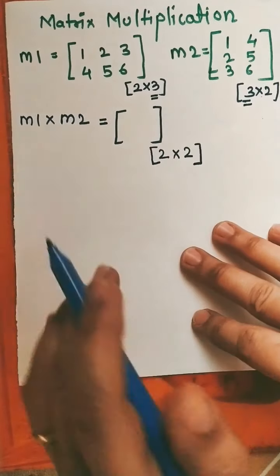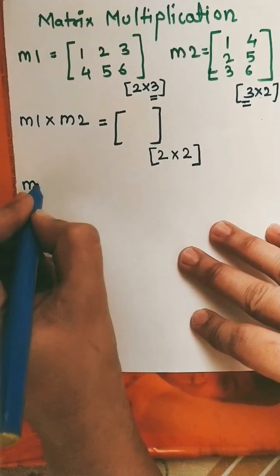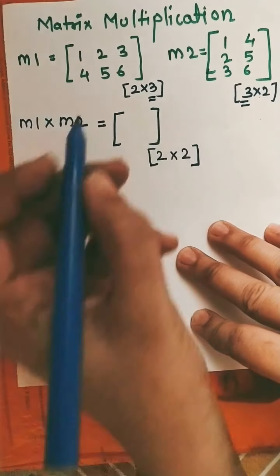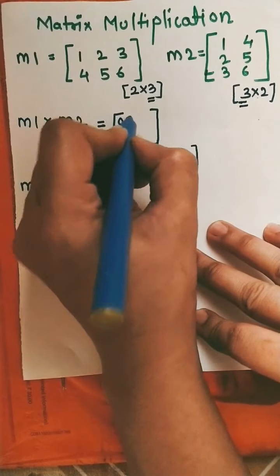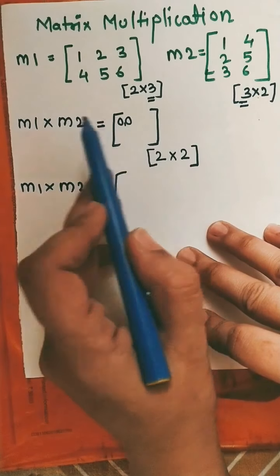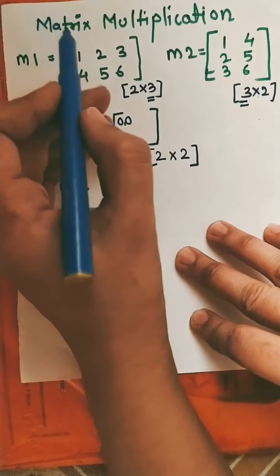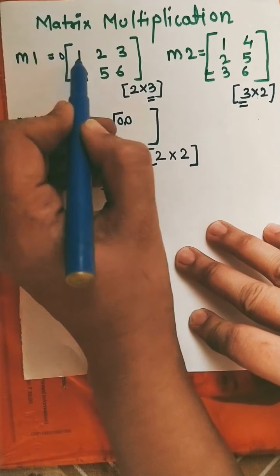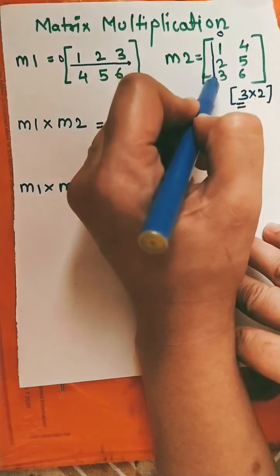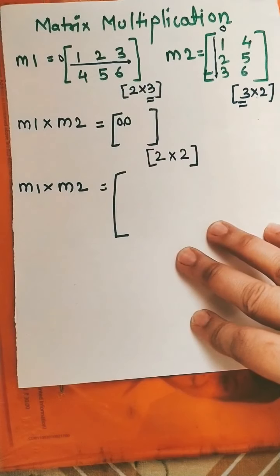Now what logic are we going to use for the multiplication? To get the value at the 0th row and 0th column of the resultant matrix, we have to take the 0th row of M1 and the 0th column of M2 and do multiplication and addition.